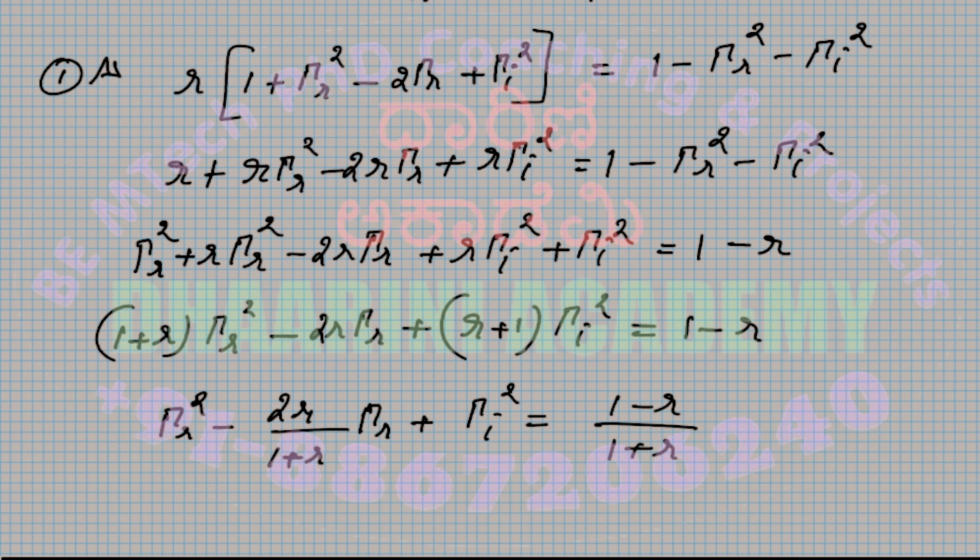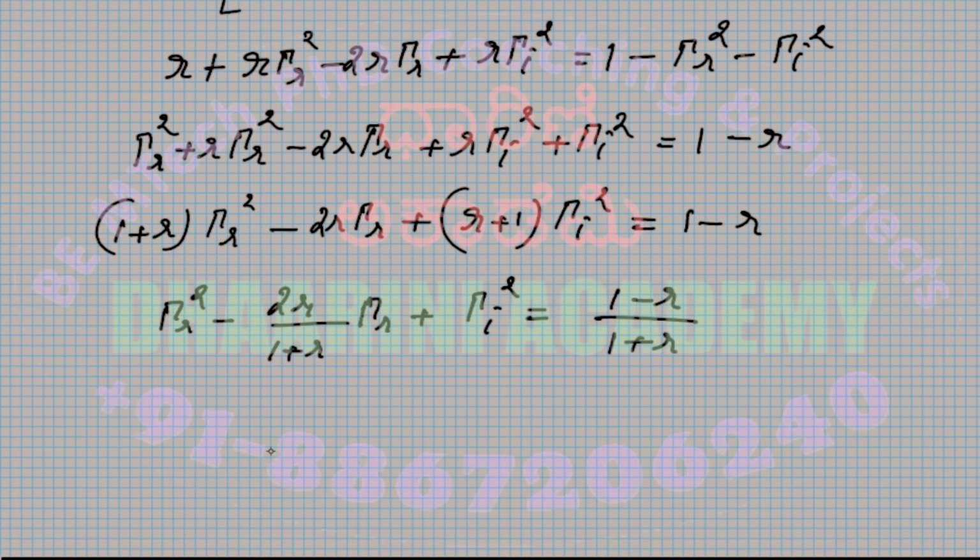Okay, so let me think what we can do now. All right, so I'll add and subtract a term to the left side to convert this into a proper square. So I have gamma r square minus 2r divided by 1 plus r into gamma r. This is as it is, but I'm trying to add a term to this now.